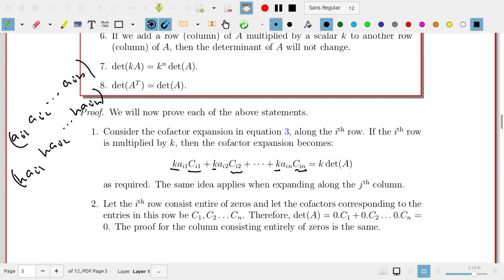So if you take k out of this expansion, you get AI1 CI1 plus AI2 CI2 all the way to AIN CIN, but that is exactly det A. If you multiply the jth column by k, you get the same result.